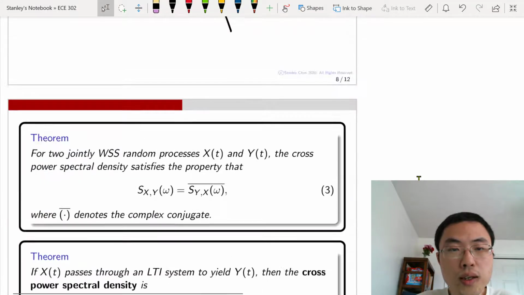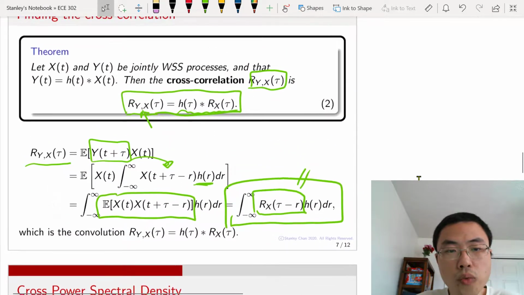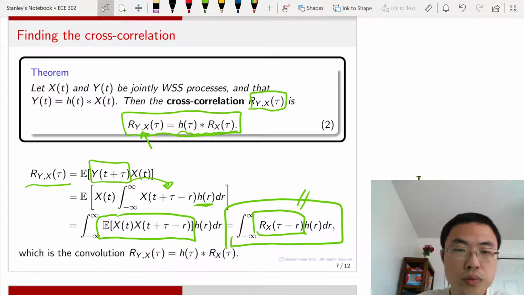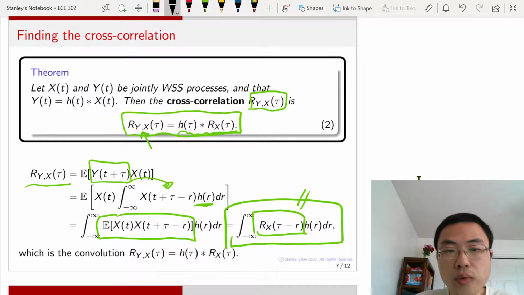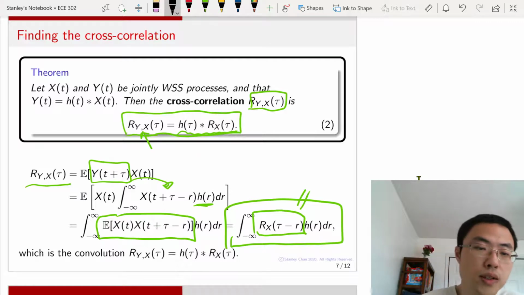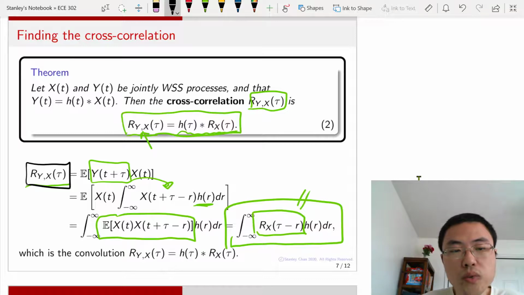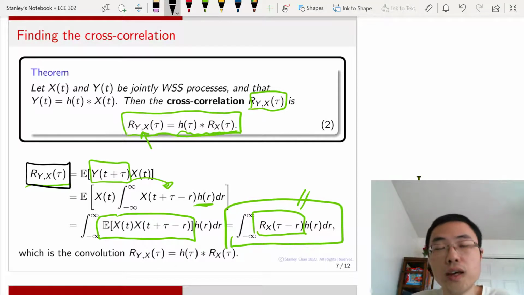Now, one thing that you may ask is, why is this cross-correlation function a convolution between Rx and h? Why don't we have this square term, or why don't we convolve it with another correlation, just like in the autocorrelation case? The reason is that when you look at this definition of Ryx, it is the expectation between y and x. There's only one h that is involved as you calculate the cross-correlation.